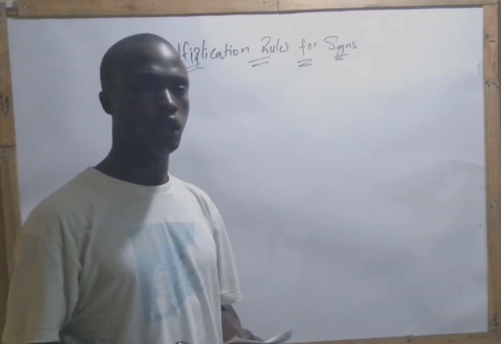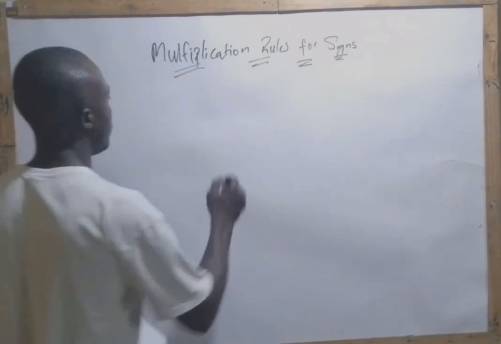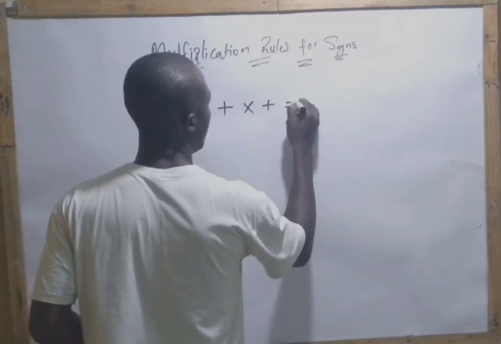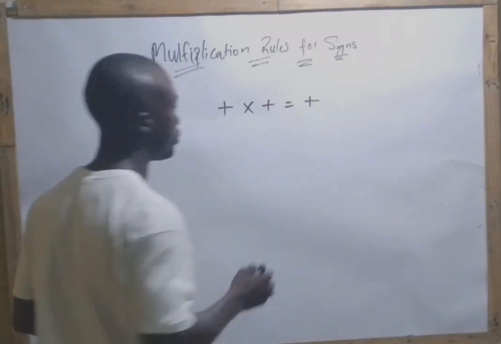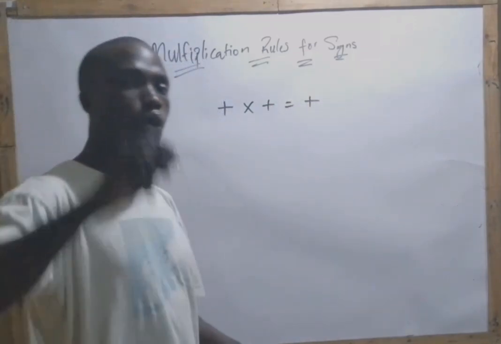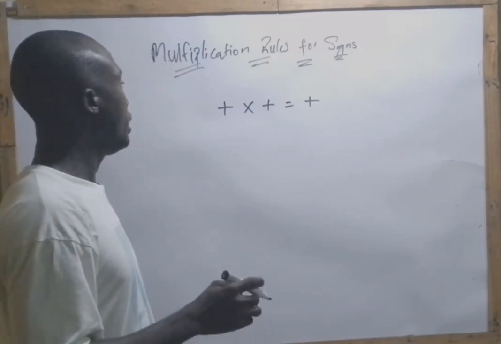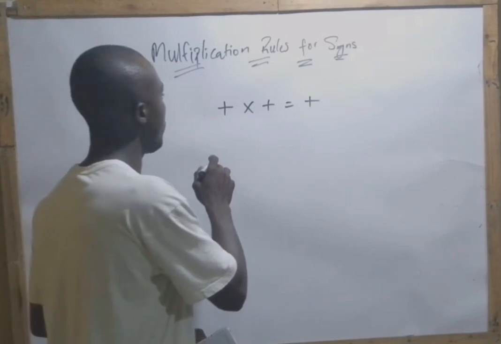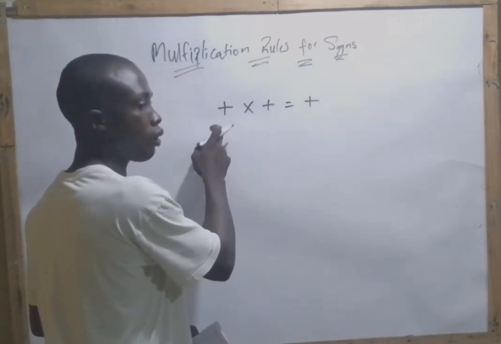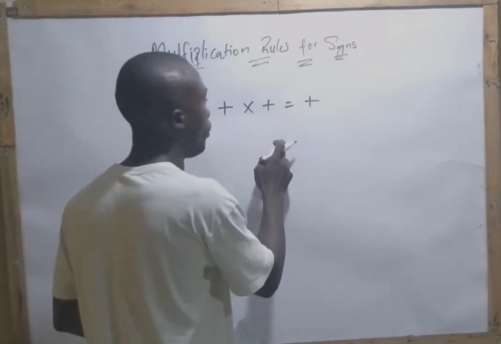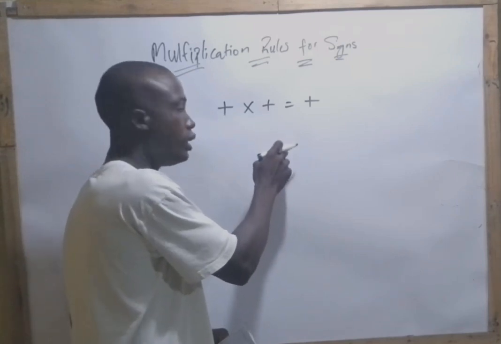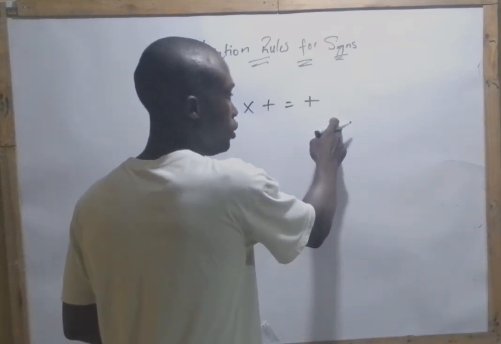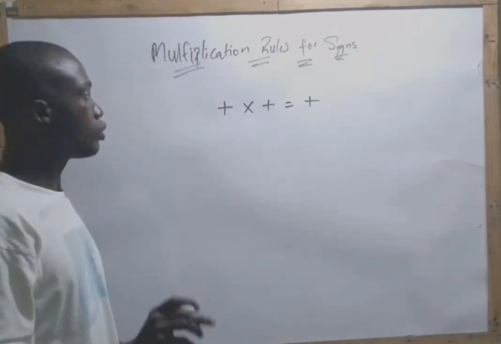Now, what are those rules? The first one is that plus times plus is equal to plus. When you are dealing with any number that has plus in front of it, and you are multiplying by a number that has plus in front of it, you get plus.